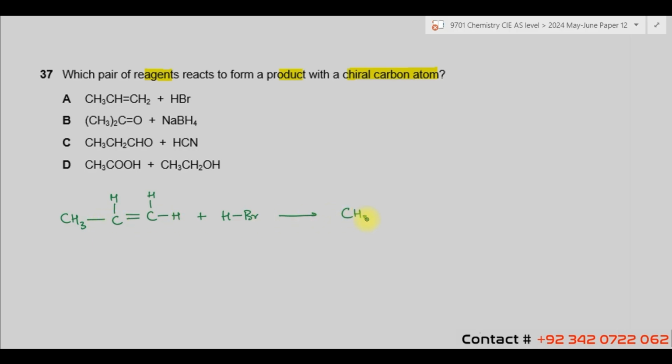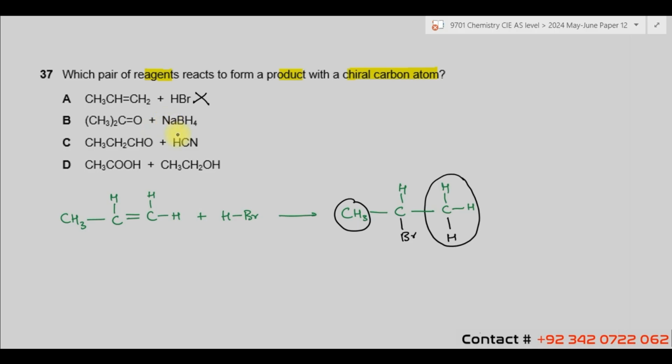So the product will be CH3CHBrCH3, so HBr is added. Now let's look for a chiral carbon, which is the one attached to 4 different groups. This carbon is attached to hydrogen, bromine, a CH3 and another CH3. So these 2 sides are the same, so there is no chiral carbon.